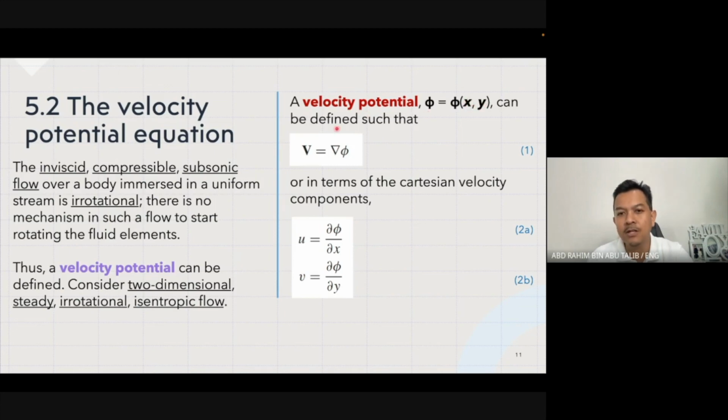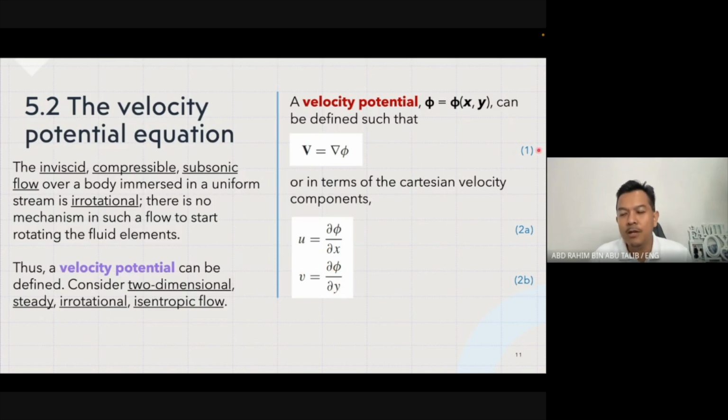The velocity potential can be defined such that the velocity is equal to the gradient of the velocity potential, or in terms of the Cartesian velocity components u and v: u is equal to the derivative of the velocity potential with respect to the x direction, and v is equal to the derivative of the velocity potential with respect to the y direction.